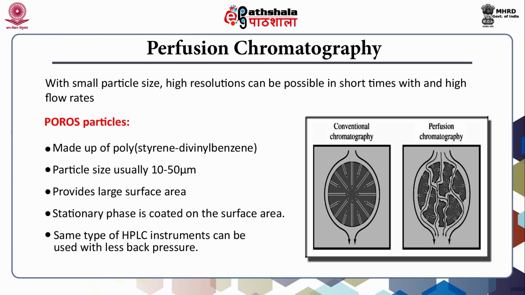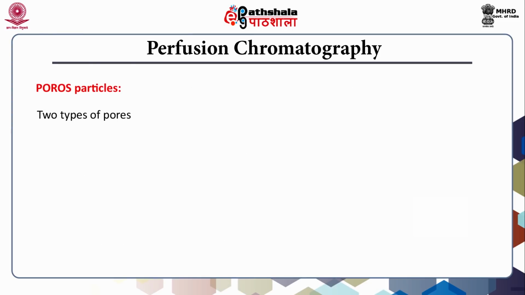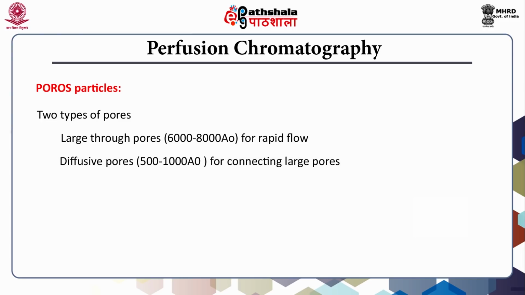How can we obtain the high resolutions with high flow rate? Before going to those details, let us see what kind of pores are present in the porous particles in the next slide. There are two types of pores present in the porous particles. One is called large through pores for rapid flow, and another one is diffusive pores for connecting the large pores.